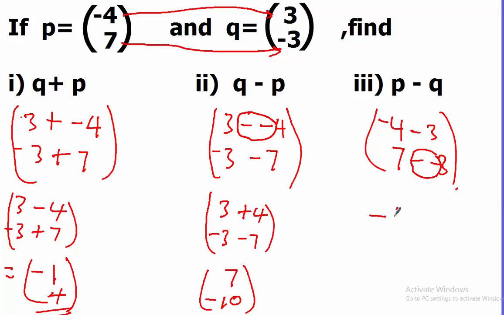So negative 4 minus 3, then 7 plus 3. Negative 4 minus 3 will give us negative 7, while 7 plus 3 is giving us 10. Good. That is our answer.